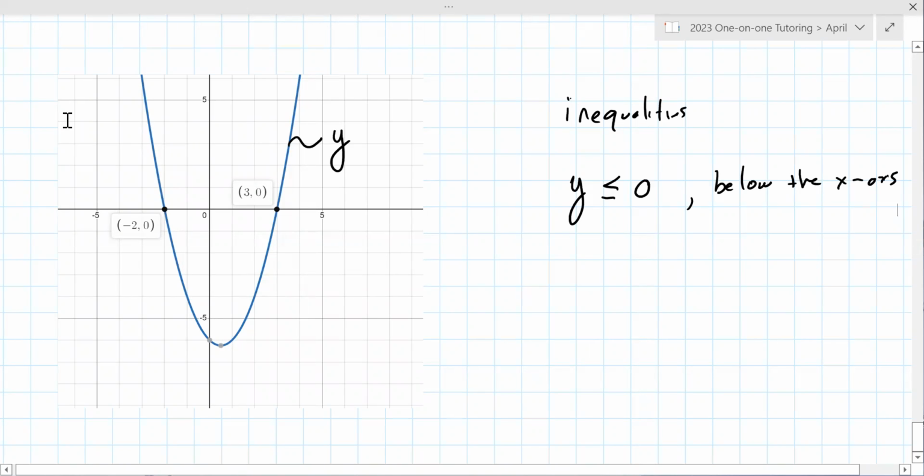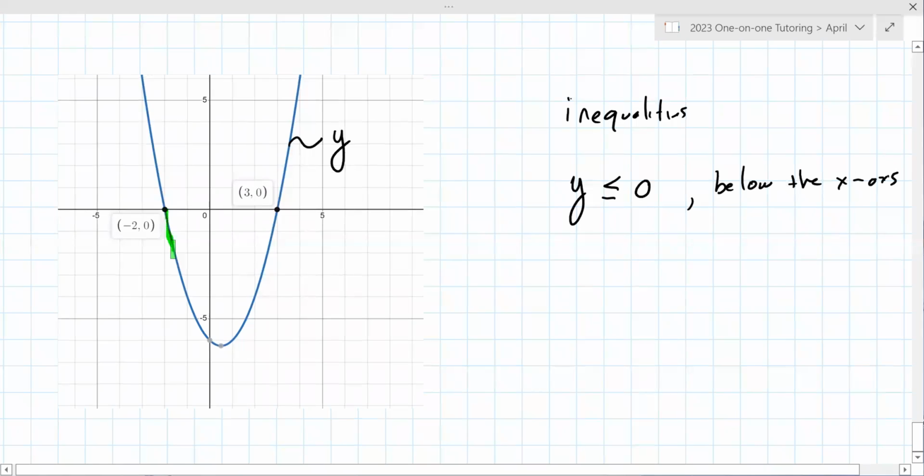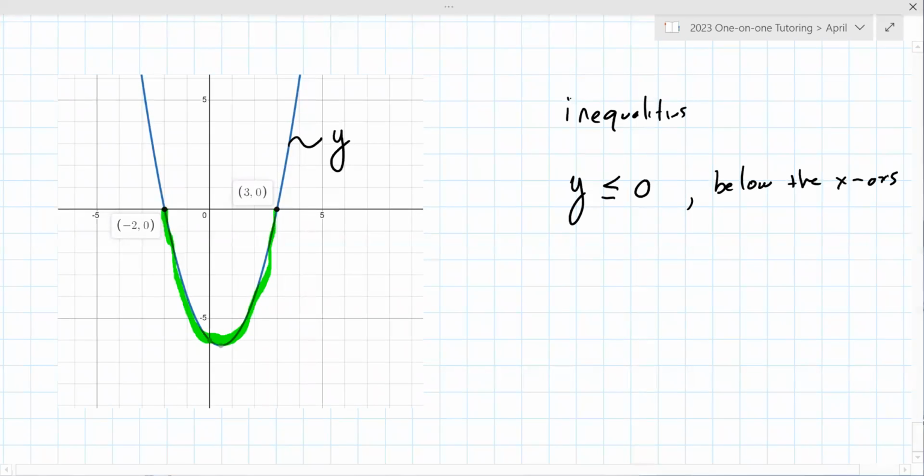On the bottom half. Is it 1 point or more than 1 point that it's below the x-axis? It's several points. Yes, it's everything. I think what I'm shading is what you're referring to earlier. Did you mean this? Yeah, kind of.